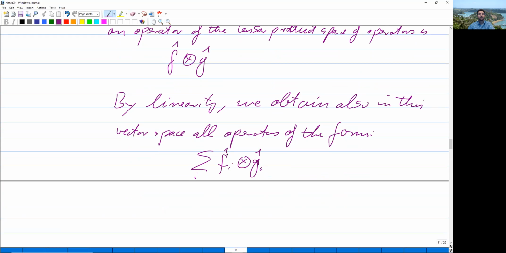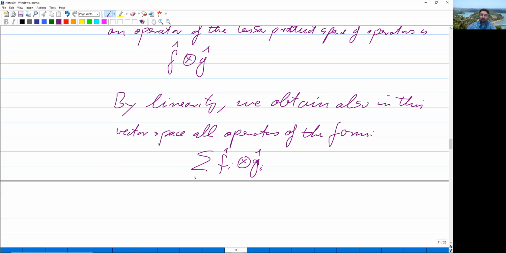So the f hat i are arbitrary operators acting on the Hilbert space of the first system. The g hat i are arbitrary operators acting on the Hilbert space of the second system, system B. And here we have a finite linear combination.